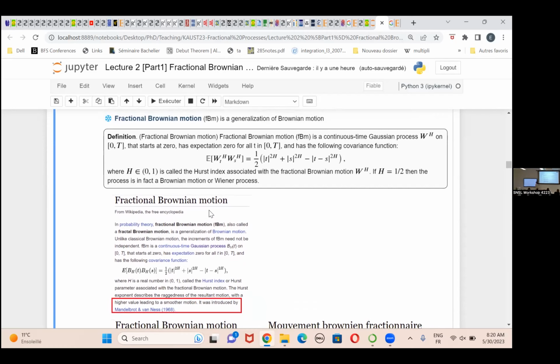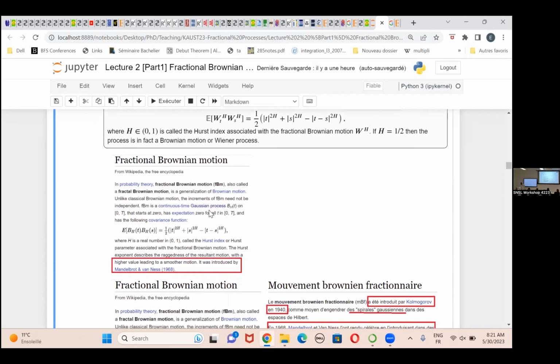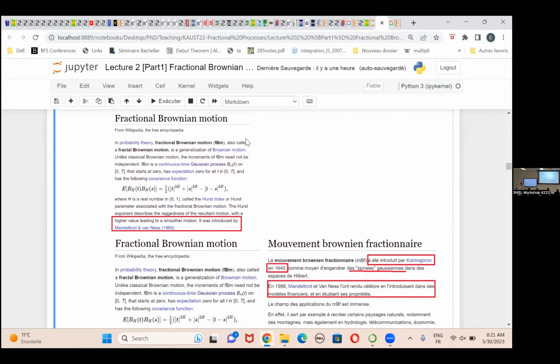This is the English Wikipedia page, and if you switch to the French Wikipedia page, you get more accurate information. I noticed that when you switch languages in Wikipedia, it's not just translation. You can get completely different pages for the same object, but in different languages.